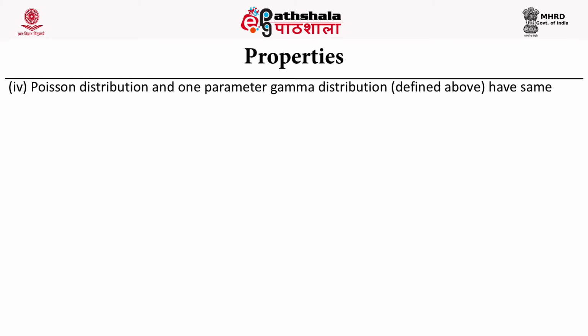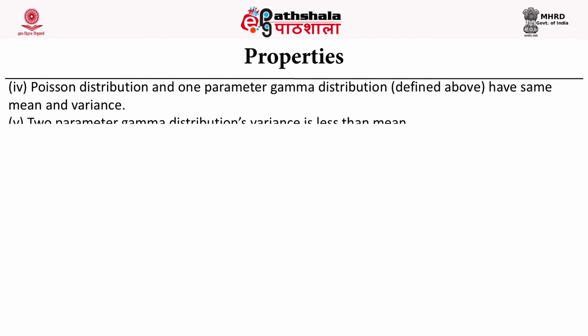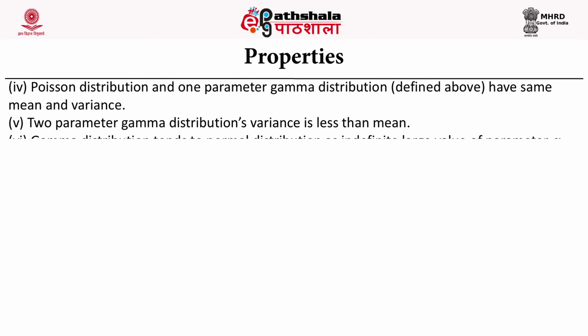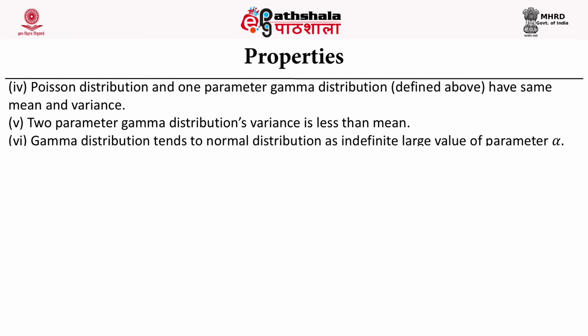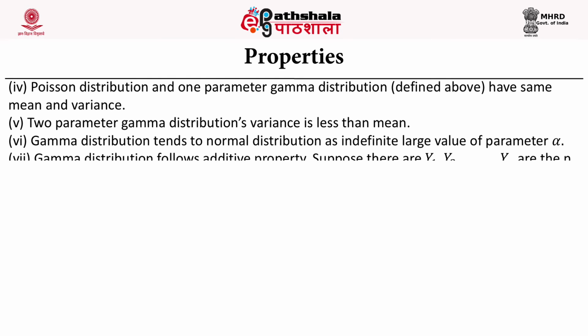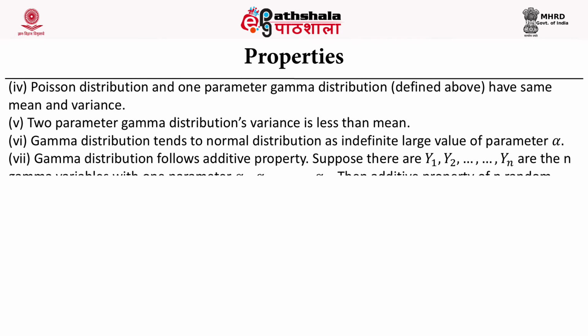Some of the properties that represent the relationship between the gamma distribution and the Poisson distribution are given here. The Poisson distribution and the one parameter gamma distribution have the same mean and variance. For the two parameter gamma distribution, the variance is less than the mean. Another property is that the gamma distribution tends to the normal distribution for indefinitely large values of parameter alpha. The gamma distribution also follows the additive property.